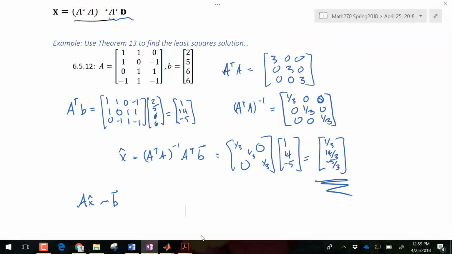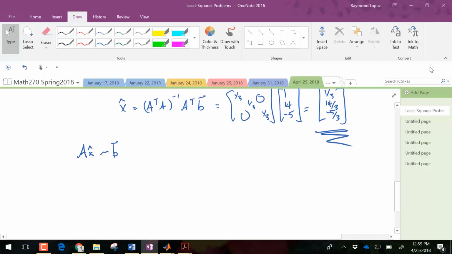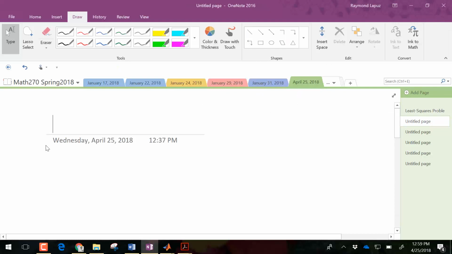All right. So there's one other aspect in this particular section that's kind of interesting, and that is QR.